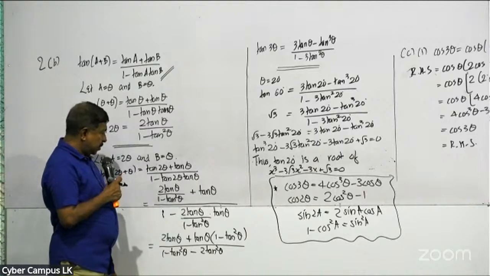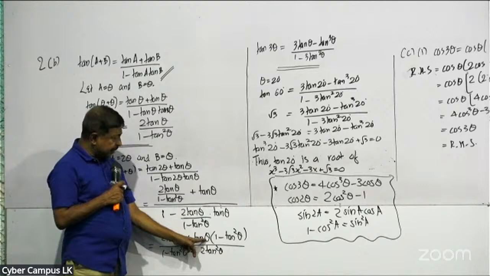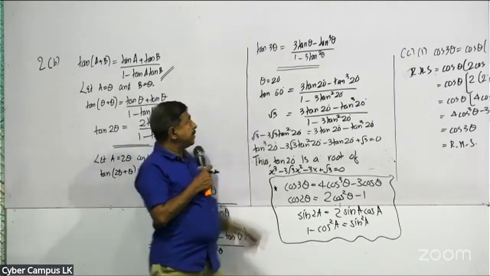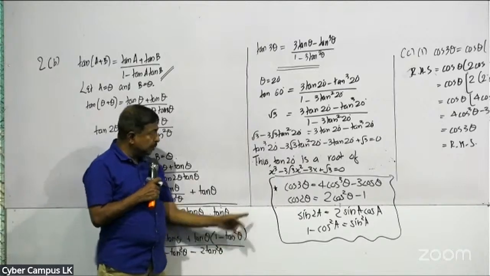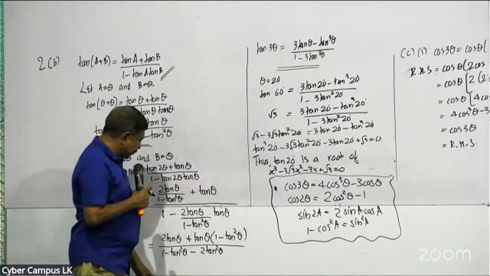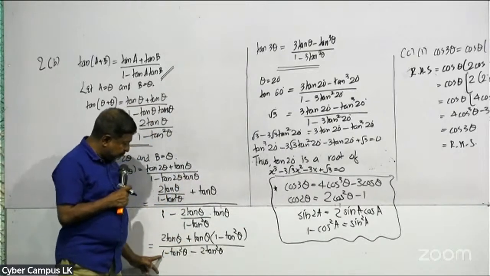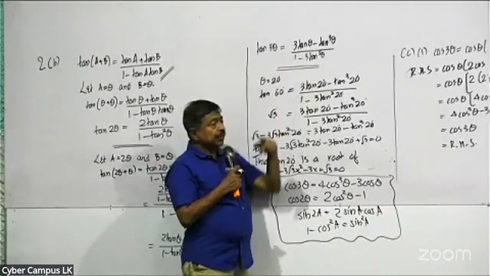Now, you can gather similar terms. 2 tan theta plus tan theta will give you 3 tan theta, plus times minus, so negative tan cube theta. That's up there. And in the downstairs, you have similar terms, so 1 minus 3 tan squared theta. So you get what you need.